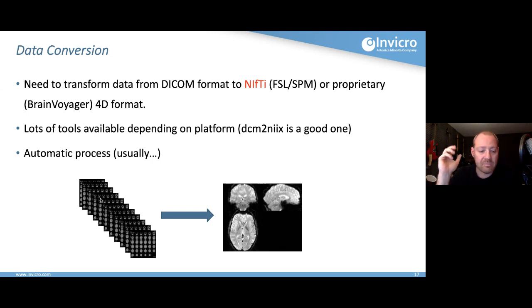About 10 or 15 years ago, a bunch of neuroimagers got together and decided that they were going to come up with a new format which was going to be more suited to their needs. And they came up with this thing called NIFTI, which is the Neuroimaging Informatics Technology Initiative, which is what they called themselves.